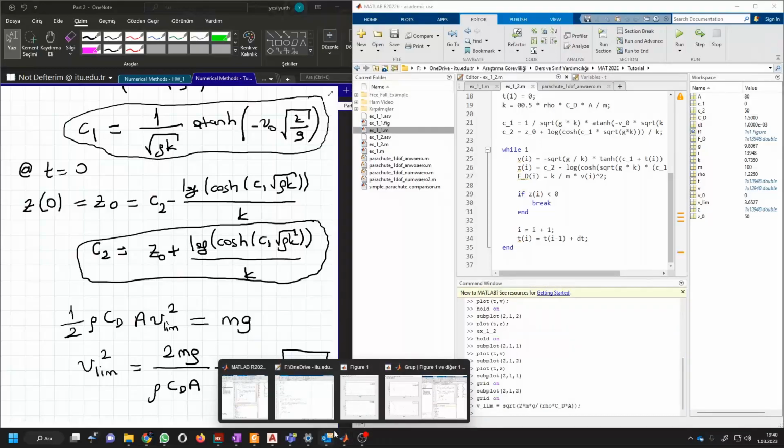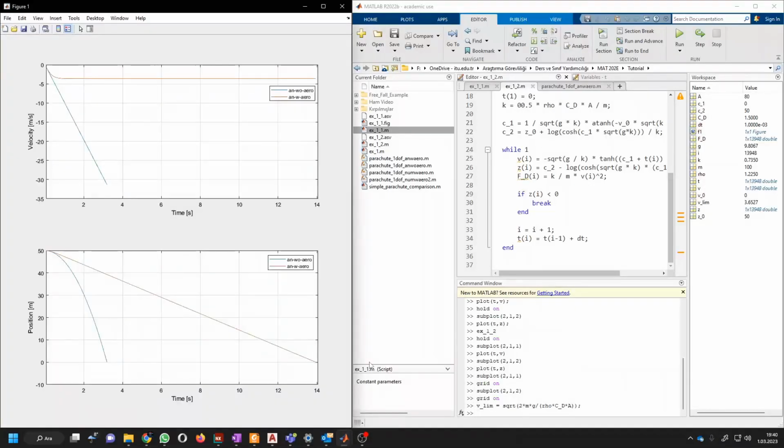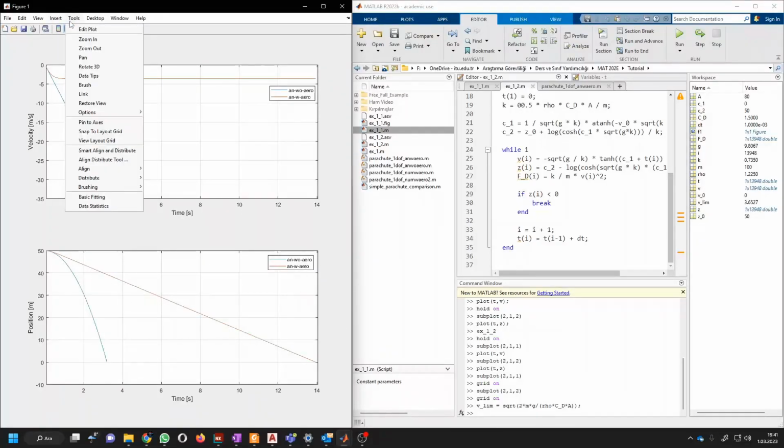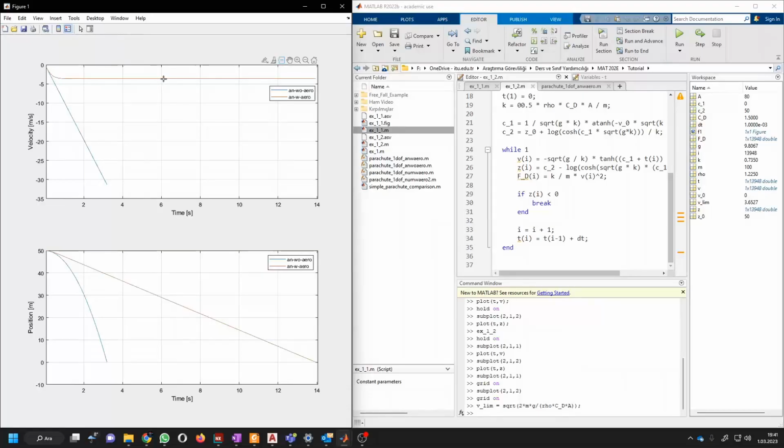So let's go to the graph again. If we look at tools and data tips, what we see here is 3.6527. It is the same value up to 4 digits. I believe that if we write down vlim with long format, it will show us the exact value of this one.